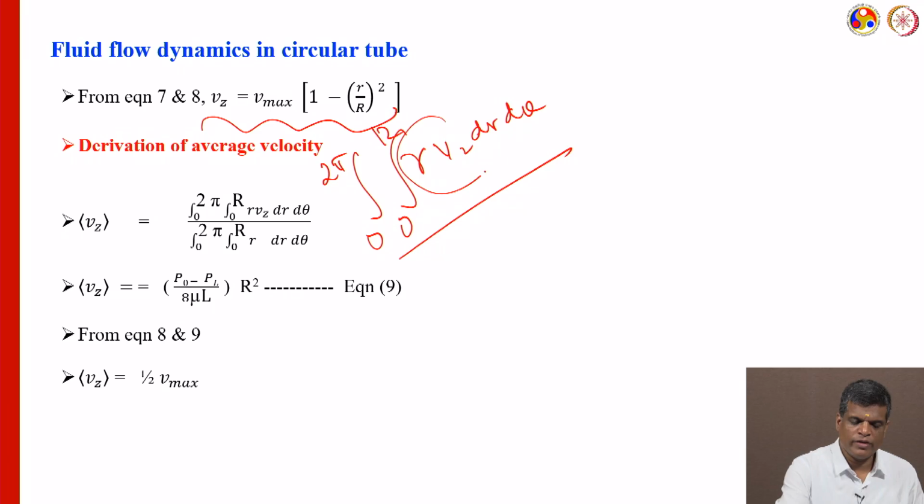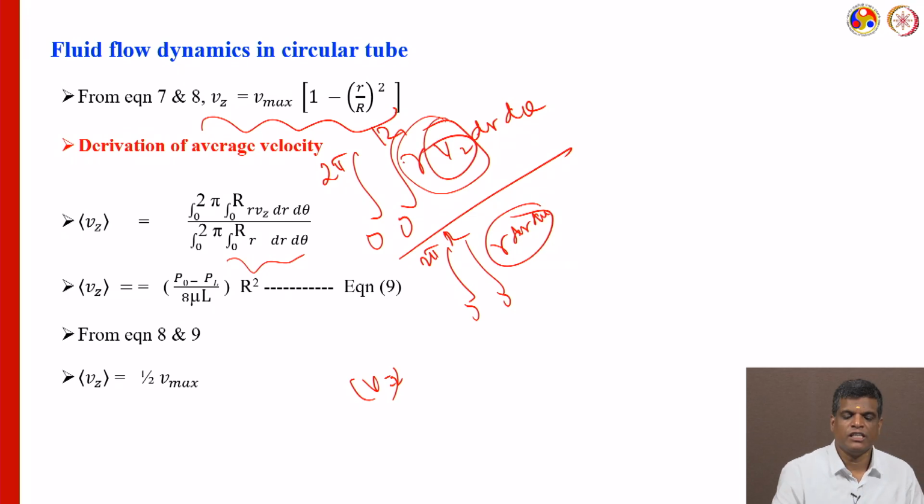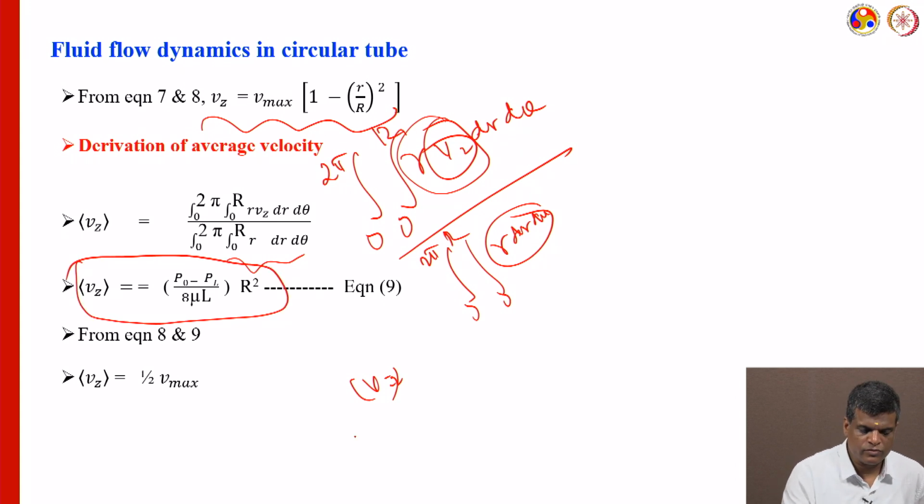We already solved this one. Now we have to see the average velocity, integrating from 0 to 2 pi for theta and 0 to R for r. So what is the average velocity here? You substitute everything, and then we will get Vz average equal to (P naught minus P_L) by 8 mu L into R square.